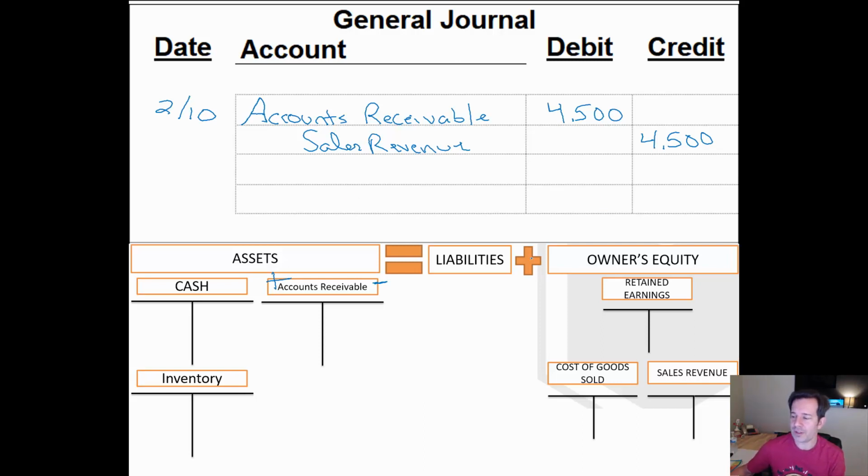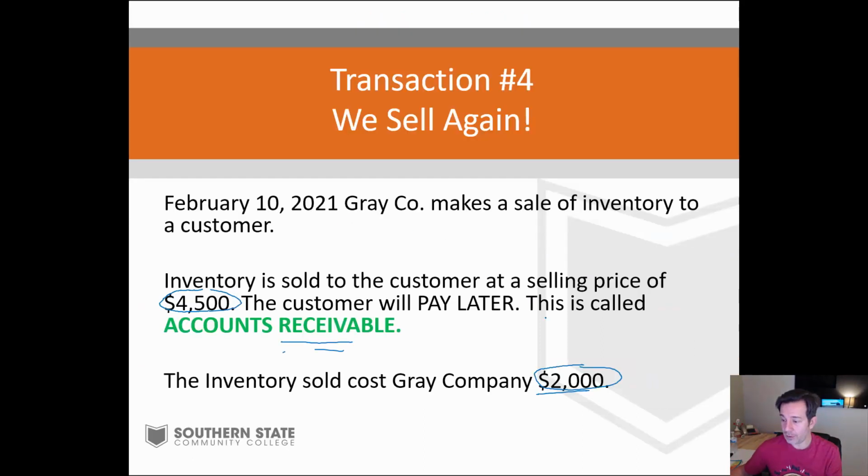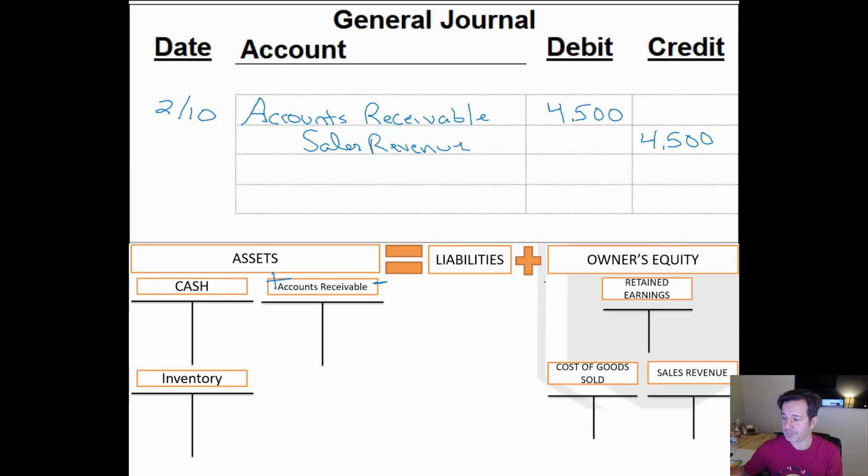Second part of that entry, we paid $2,000. So cost of goods sold, what did we pay? We paid $2,000 for that inventory. $2,000. Inventory's going away. We no longer have the inventory. The inventory goes down on that credit side. $2,000.